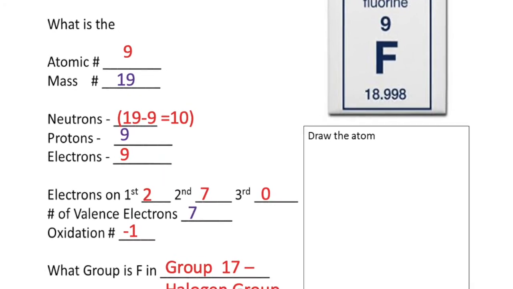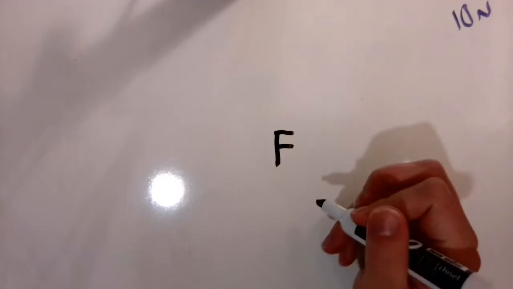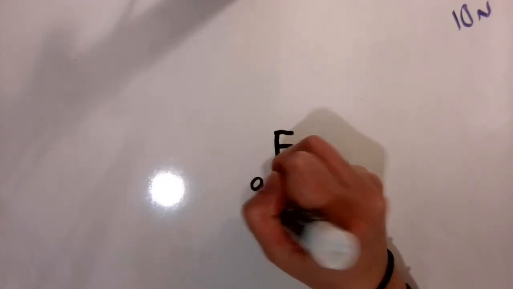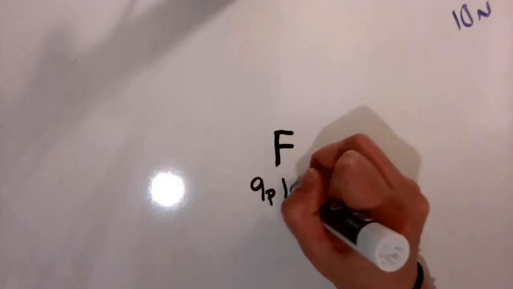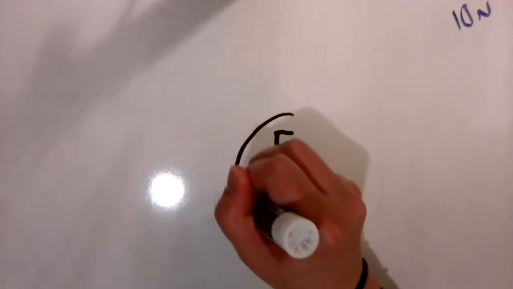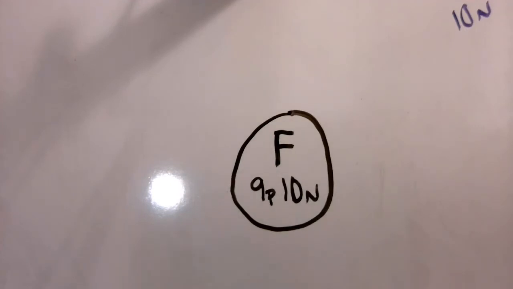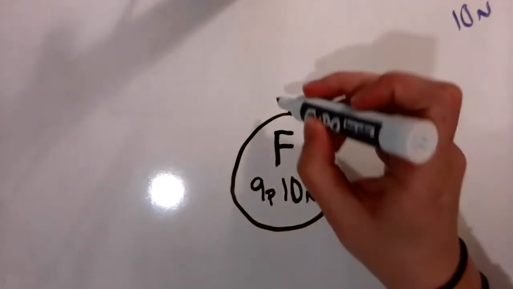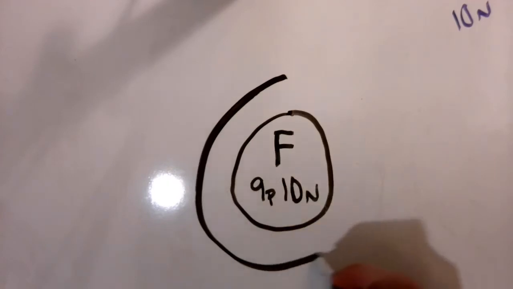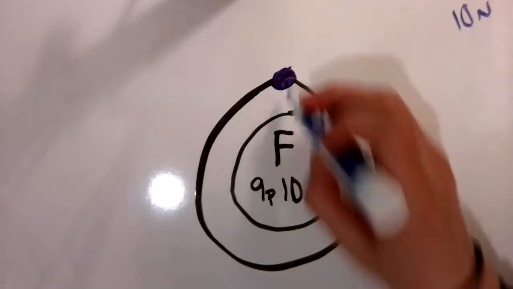So let's draw this fluorine atom. We're going to start with our element symbol of F and label that we have 9 protons and 10 neutrons. And with that, we have everything that should be inside of the nucleus. So we can start to create our rings of electrons. In our first ring, we can only hold 2 electrons.